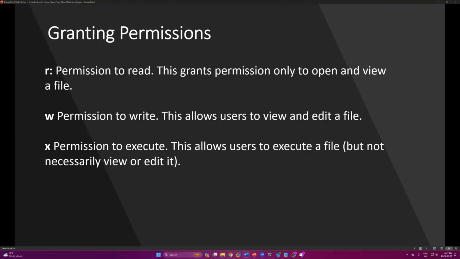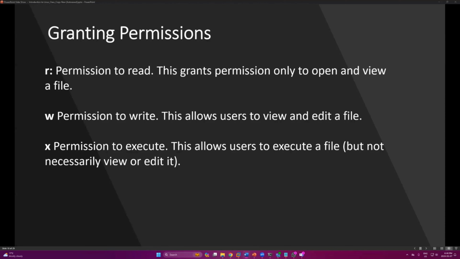The root user can grant users a level of permission depending on what they need the files for. When a file is created, typically the user who created it is the owner of the file, and the owning group is the user's current group. The owner of the file can grant various levels of privileges to that file.